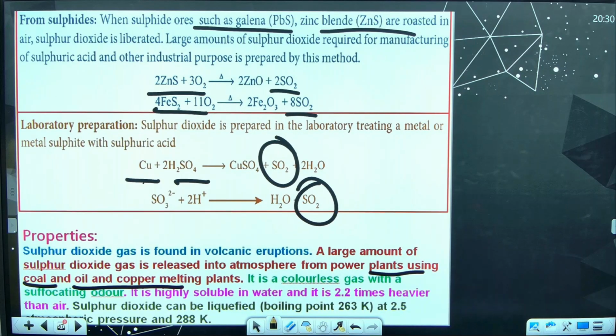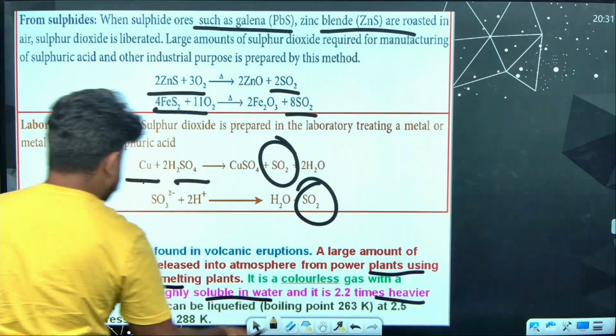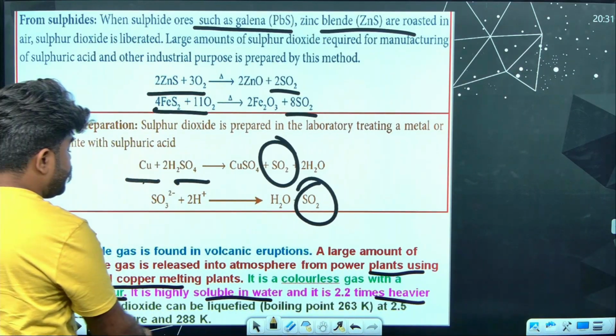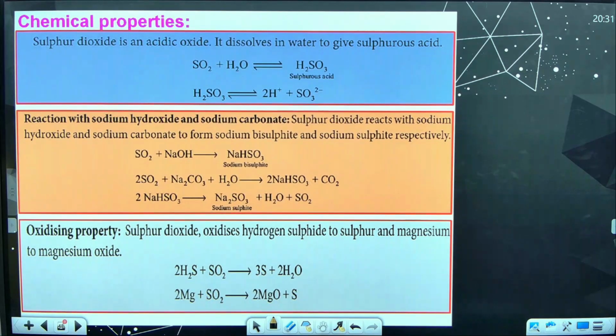It is a colorless gas with a suffocating odor, highly soluble in water, and 2.2 times heavier than air, and sulfur dioxide can even be liquefied at higher pressure and 288 Kelvin.